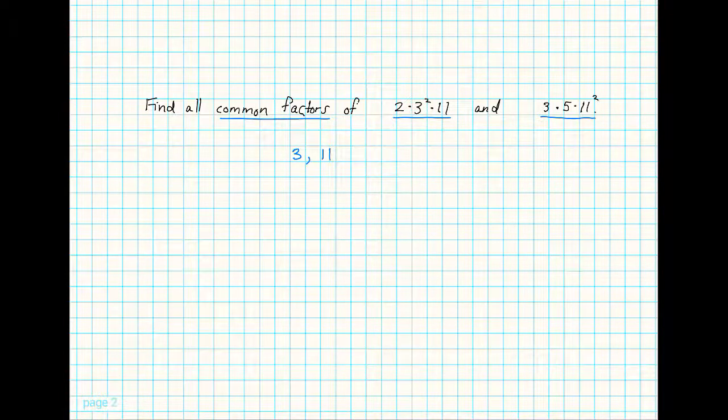So 2 is a factor here but not here, 5 is a factor in the second number but not in the first number. So 3 and 11 are the only 2 prime factors that they have in common.